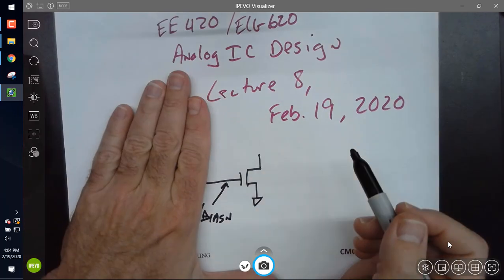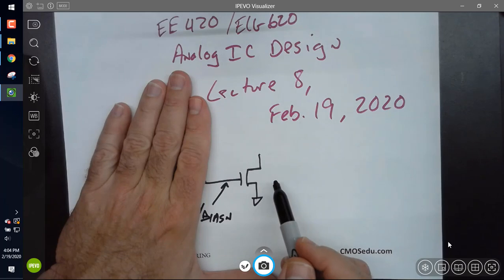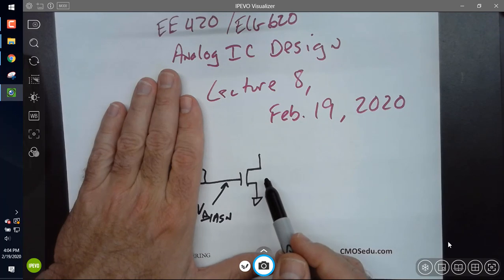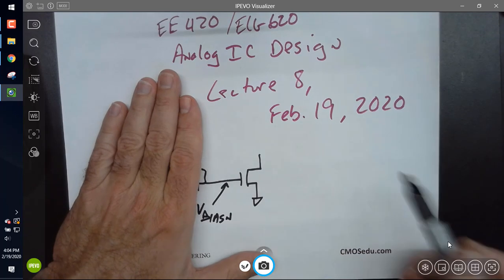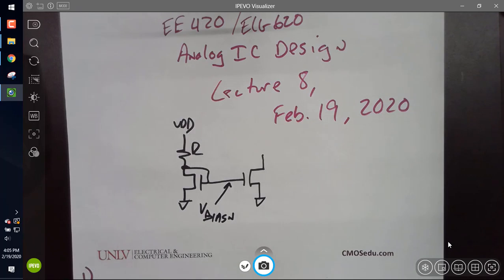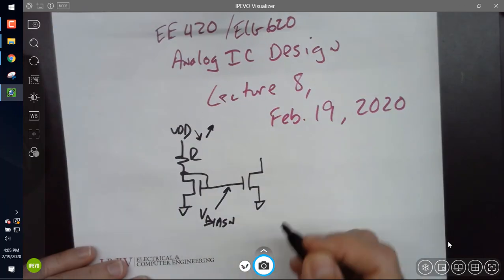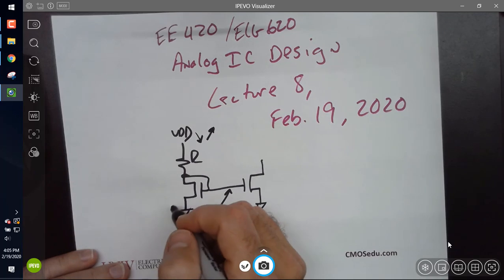This is a bias voltage that they will route to a specific section like an op amp or a data converter, and they will use that to bias current mirrors. So you might have a whole string of current mirrors. But the problem is that if VDD goes up or down, it directly changes the current.